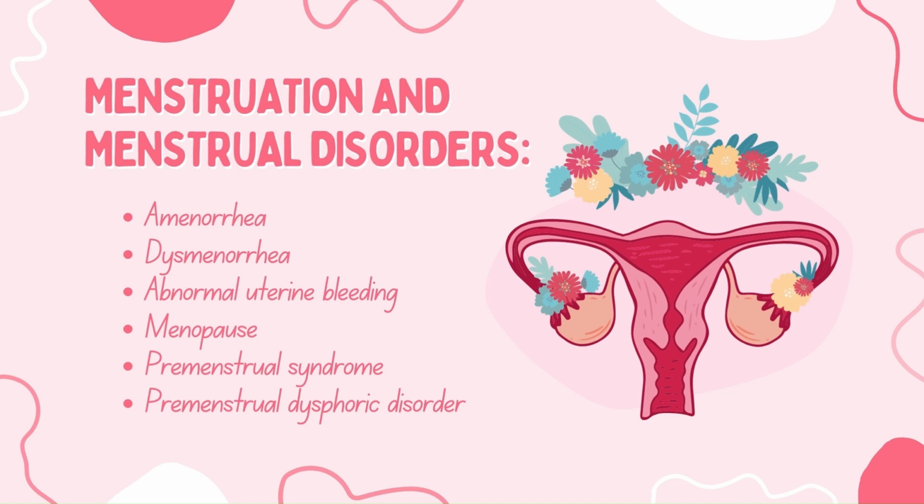Next, we'll talk about abnormal uterine bleeding. The definition is an unexplained abnormal bleeding in a non-pregnant woman that pertains to quantity, schedule, or duration. So it's abnormal in how much they're bleeding, when they're bleeding, or for how long they're bleeding.